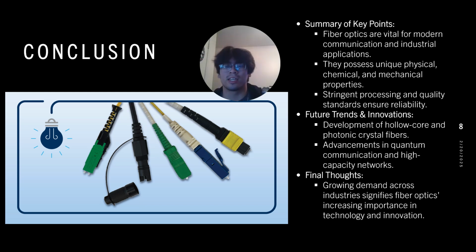And I believe growing demand across the industries for these fiber optics is going to increase the importance of the technology and innovation that involves these very unique and very cool glass fibers that are seamlessly able to transmit information almost instantaneously.